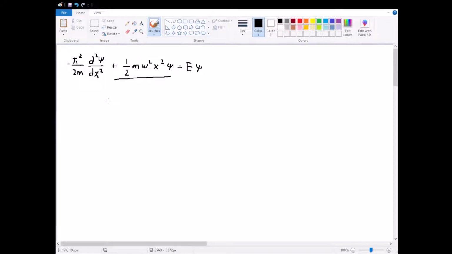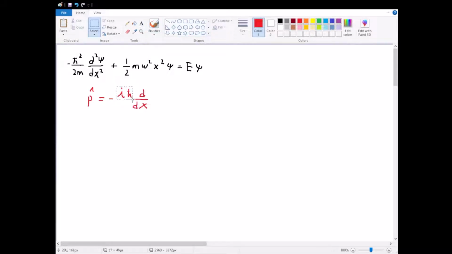And the first thing that we're going to do is redefine everything in terms of operators. So the operator for x still remains as x, but the operator for p, if you remember, is defined such that p hat is equal to negative i h bar times d by dx.